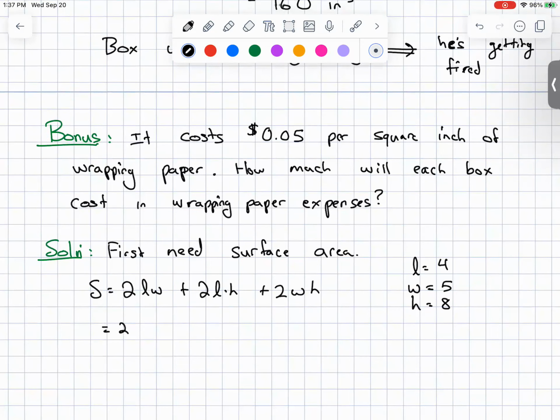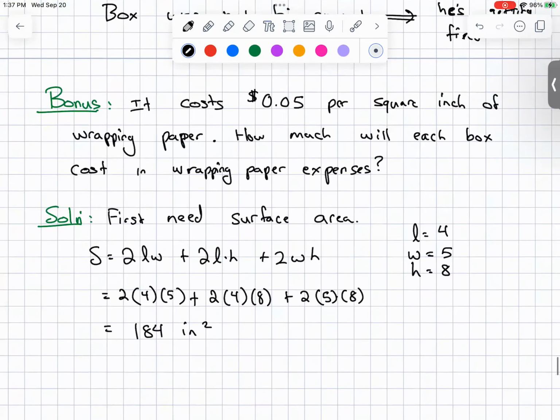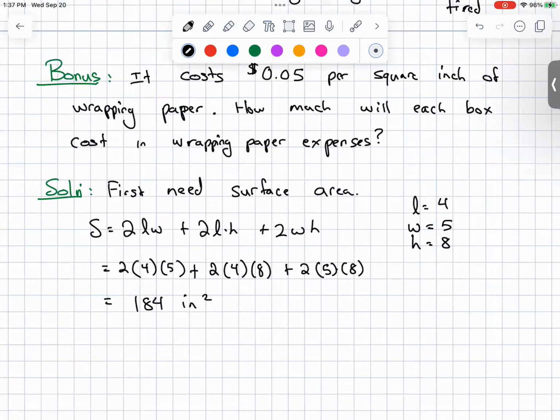So 2 times 4 times 5 plus 2 times 4 times 8 plus 2 times 5 times 8, which ends up being 184 inches squared. So we need 184 inches squared of wrapping paper.